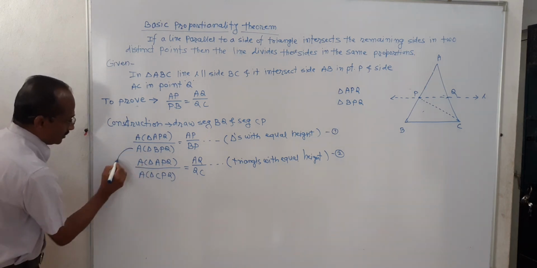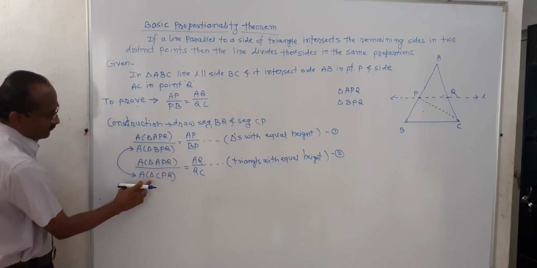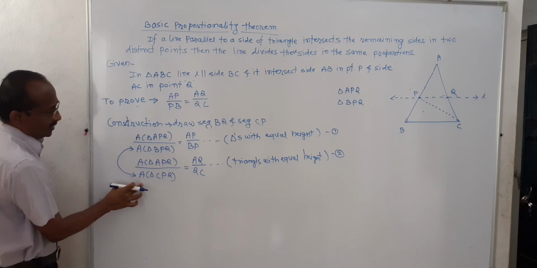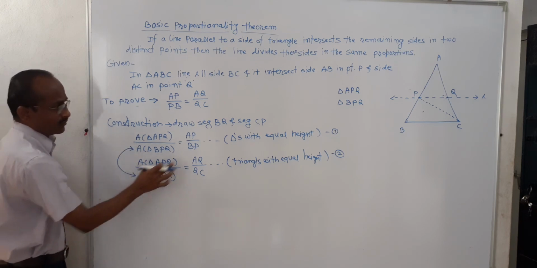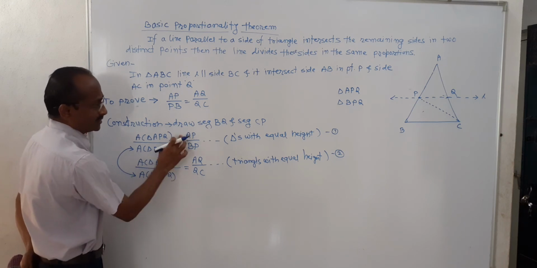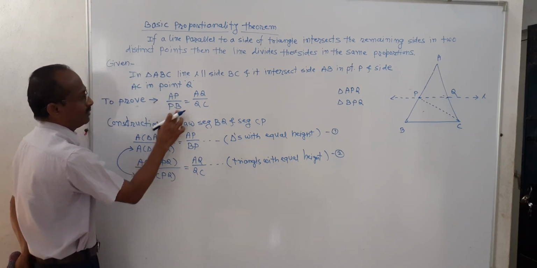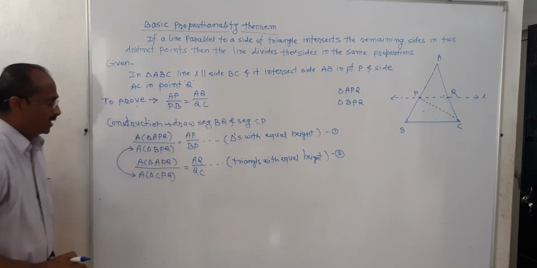If the area of triangle BPQ and the area of triangle CPQ are equal, then the left-hand sides of equations 1 and 2 will be equal, and therefore the right-hand sides will be equal, and we will get AP by PB equals AQ by QC.